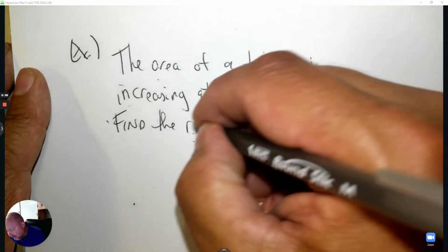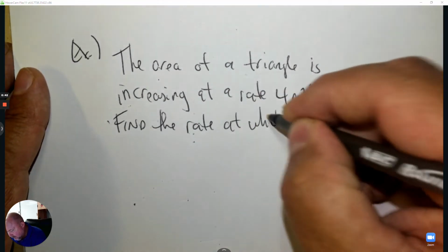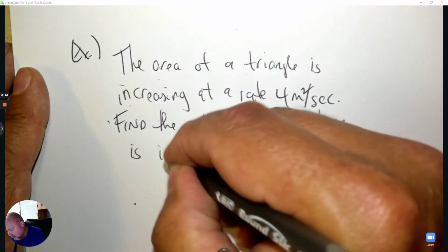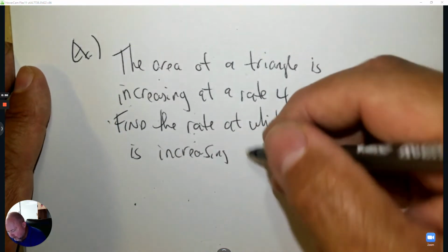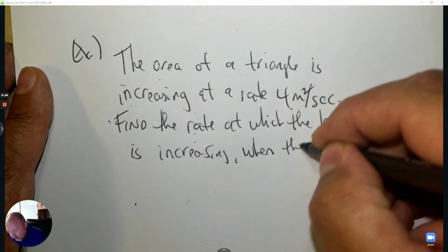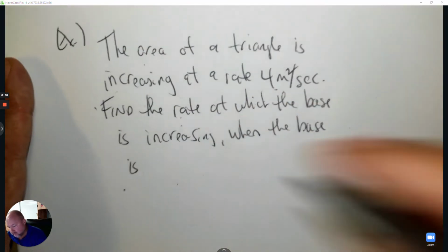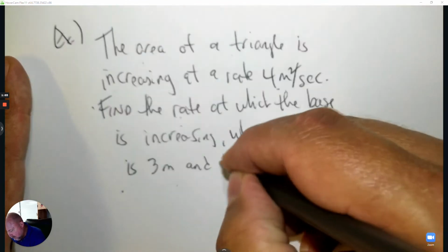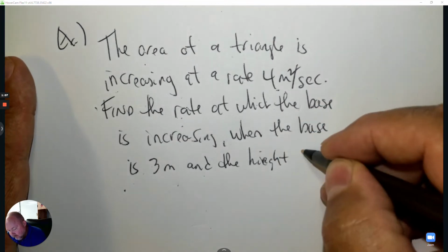So what are we finding? Find the rate at which the base is increasing when the base is 3 meters and the height 6 meters.